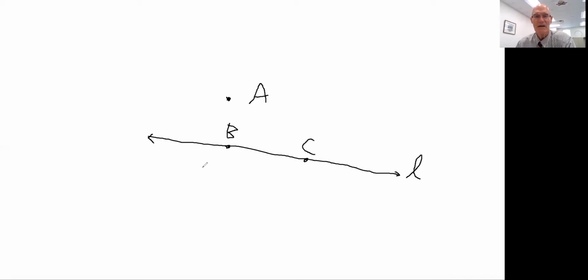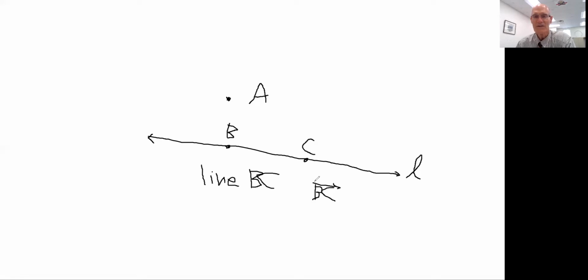And then I could talk about line BC, or I could write the letters B and C and put a double-stemmed arrow on the top.